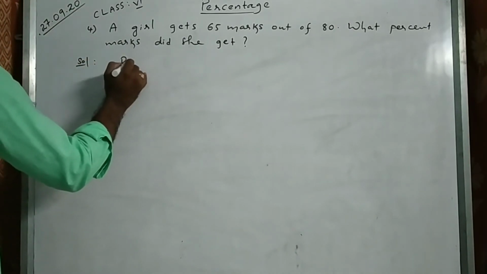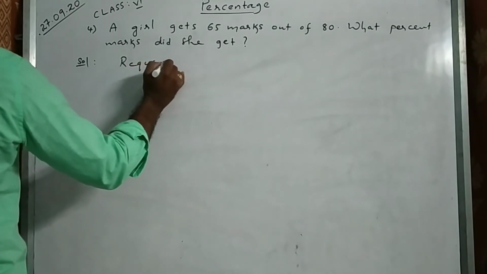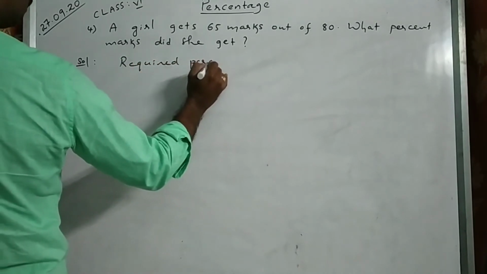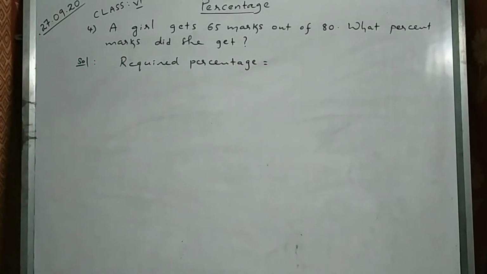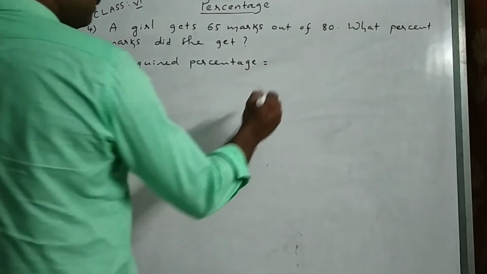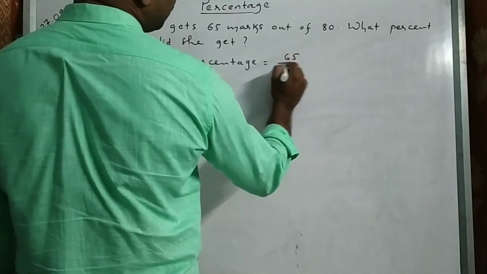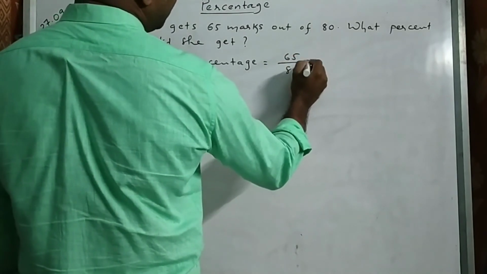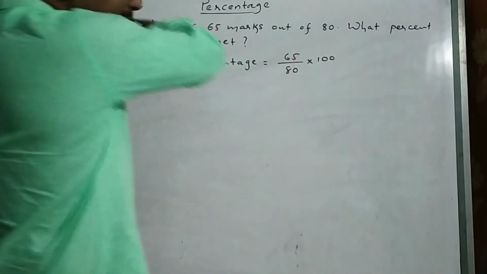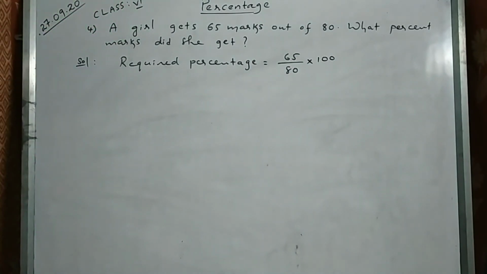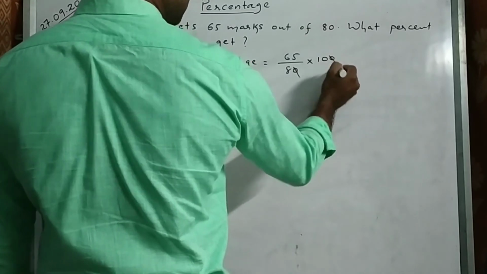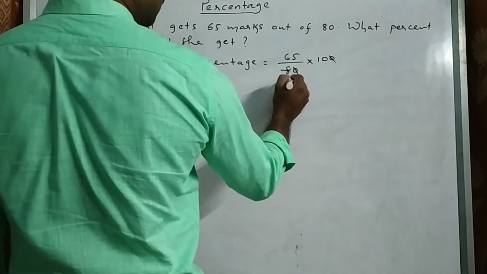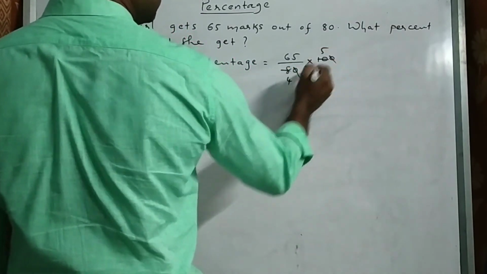So required percentage equals how many marks she got? 65 out of 80 into 100. Change it into percentage: your marks by total marks into 100. Simple. 0 0 gets cancelled. 2 4s, 2 5s.